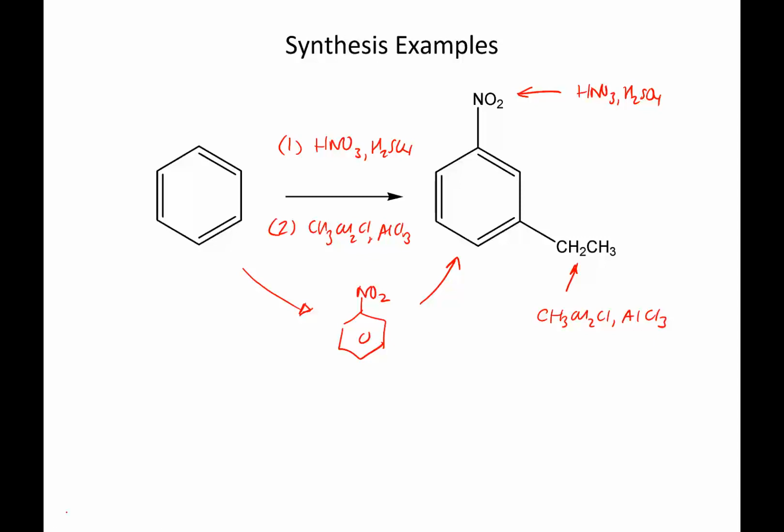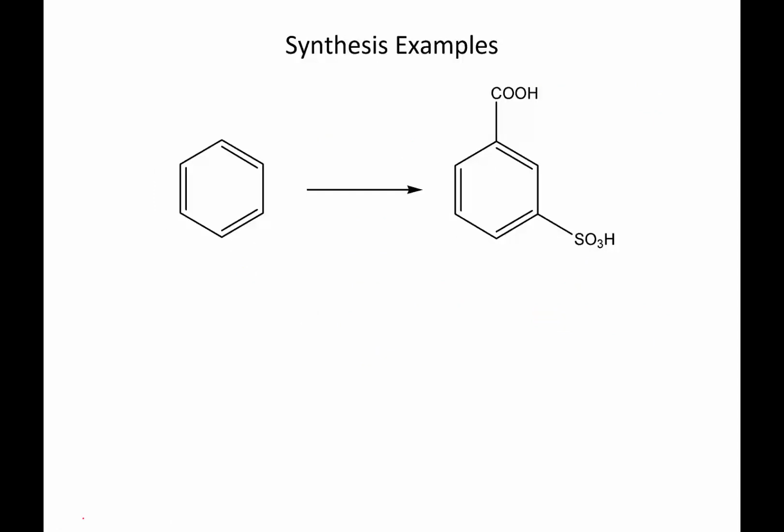Now, we have kind of a limited set of reagents here. You may think it's a lot, but it is kind of limited. So here are some other ways to put groups on the rings that we don't know about. Well, you know what, we do. We just haven't thought about it.